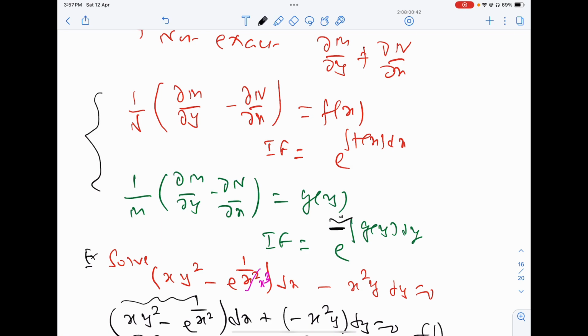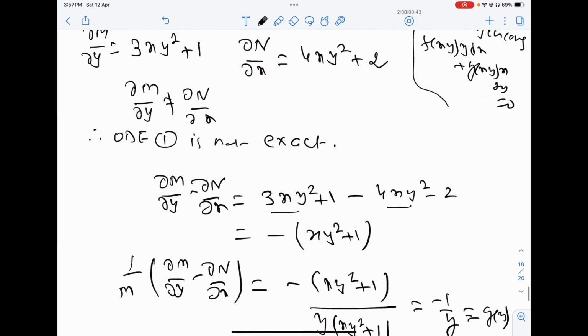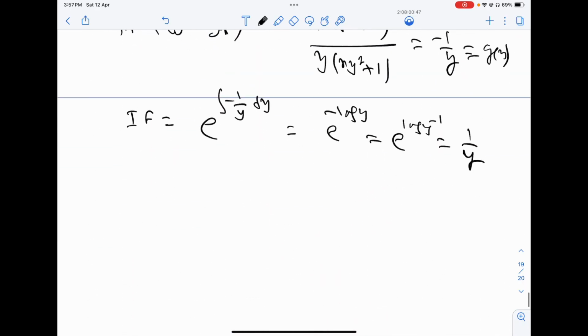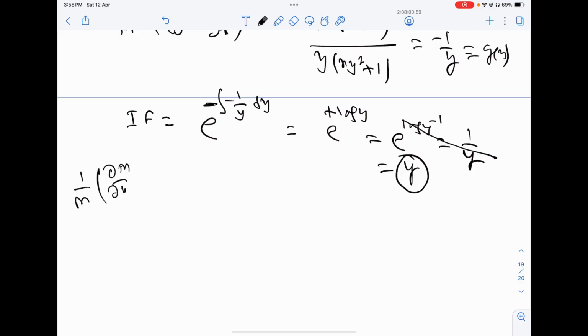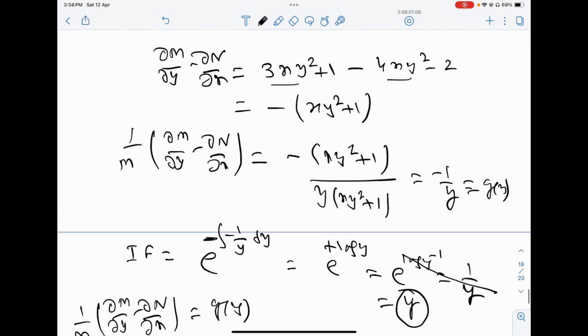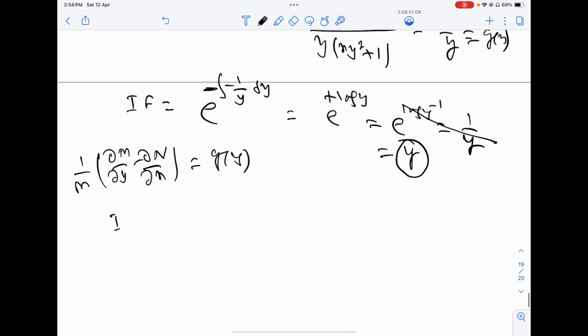So please do take care. So here the integrating factor is e power minus, and so it is plus, and so this is only y. Okay, so the formula is like this: if 1 upon M del M by del y minus del N by del x is equal to a function of y only, then the integrating factor is e to the power minus integration of g y dy.